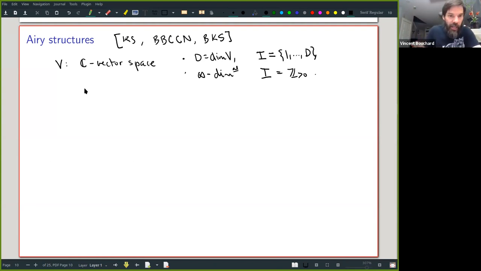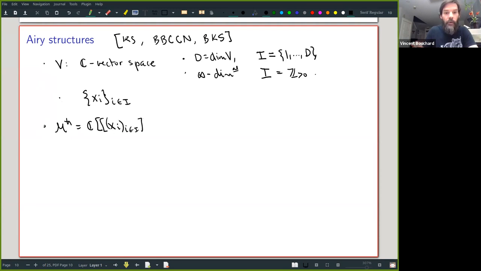Okay, and then we have a vector space, so we can define linear coordinates on that vector space, or if you want, a basis for the dual vector space. These are going to be your coordinates on that vector space. And then I'm going to introduce two objects. The algebra of formal series in these coordinates, with also series in a parameter that I'll call h bar. In fact, we're working with the square root of h bar for some reason.